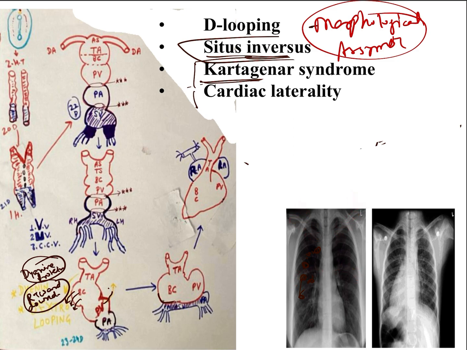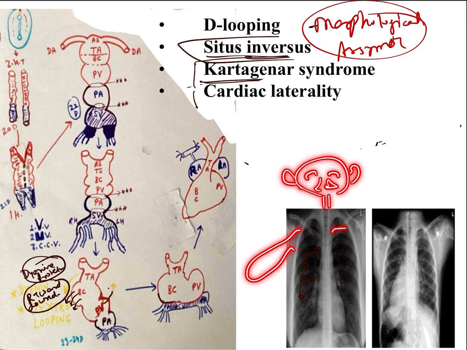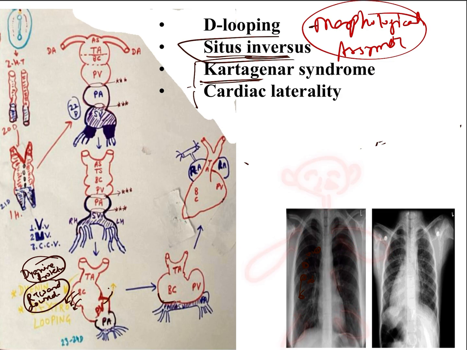These are ribs. If you look at the upper part, these are two eyes, these are two nostrils on both sides, two ears on both sides, two upper limbs on both sides and two lower limbs. But the heart is comparatively shifted to the left side. This is the first organ which shows morphological asymmetry during development. This morphological asymmetry is known as cardiac laterality.